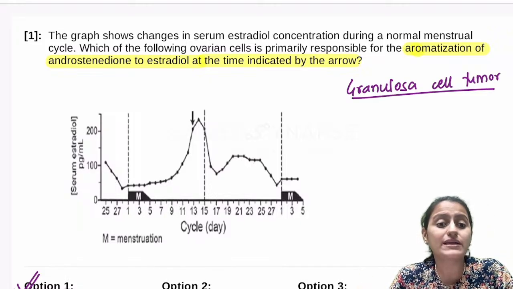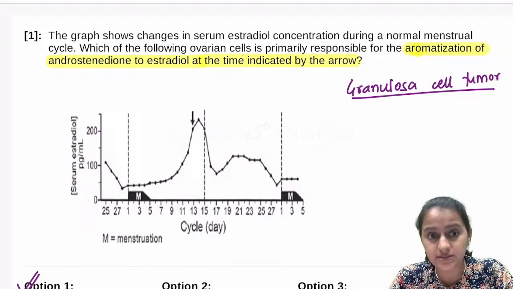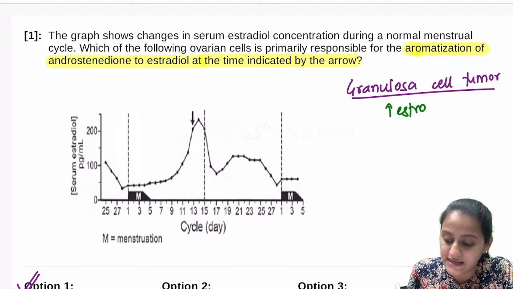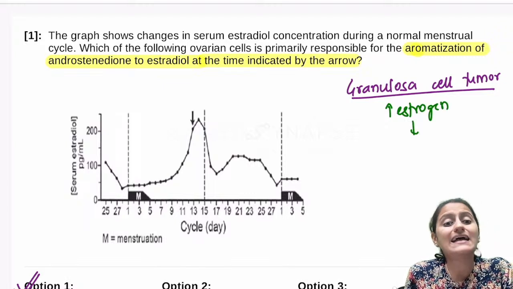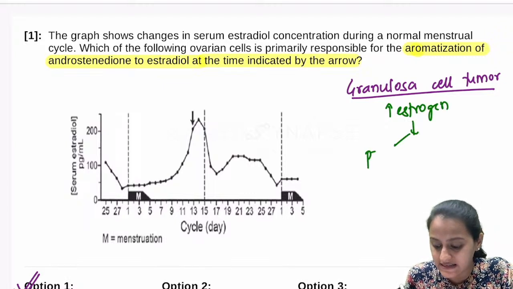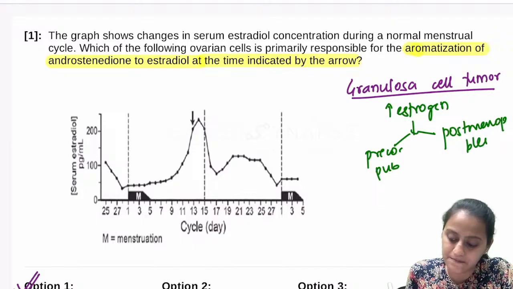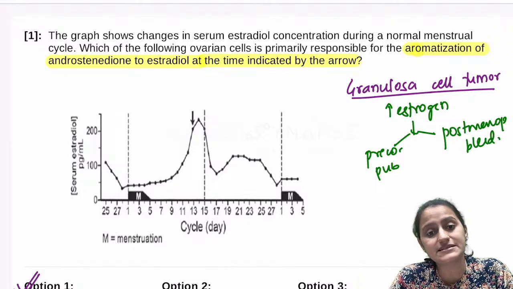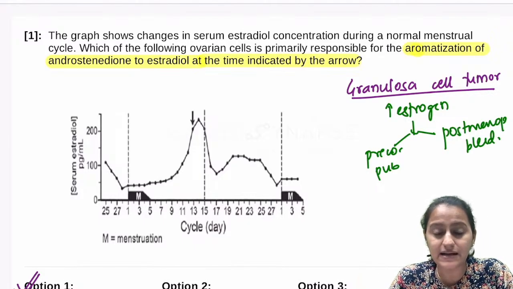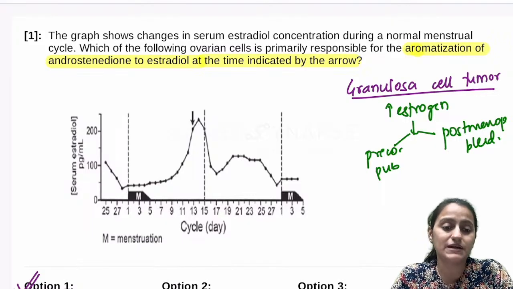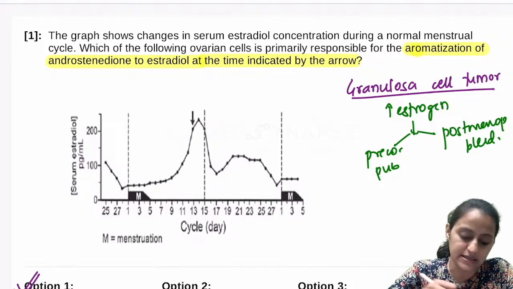This is an ovarian tumor, granulosa cell tumor. Remember, in granulosa cells, aromatization takes place. So there is going to be increased estrogen, and that increased estrogen can either lead to precocious puberty or it can lead to abnormal postmenopausal bleeding as well, right? Because of the increased estrogen. Everybody remembers that. So granulosa cell is where the aromatization takes place of androgens to the estrogen.